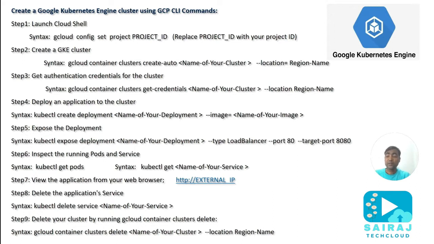To expose your application, run the kubectl expose command: kubectl expose deployment, the name of the deployment, the type as LoadBalancer, and select your desired port number and the target port number so that users can access it via the internet. I'll show you all the steps inside the lab so that you can easily understand it.